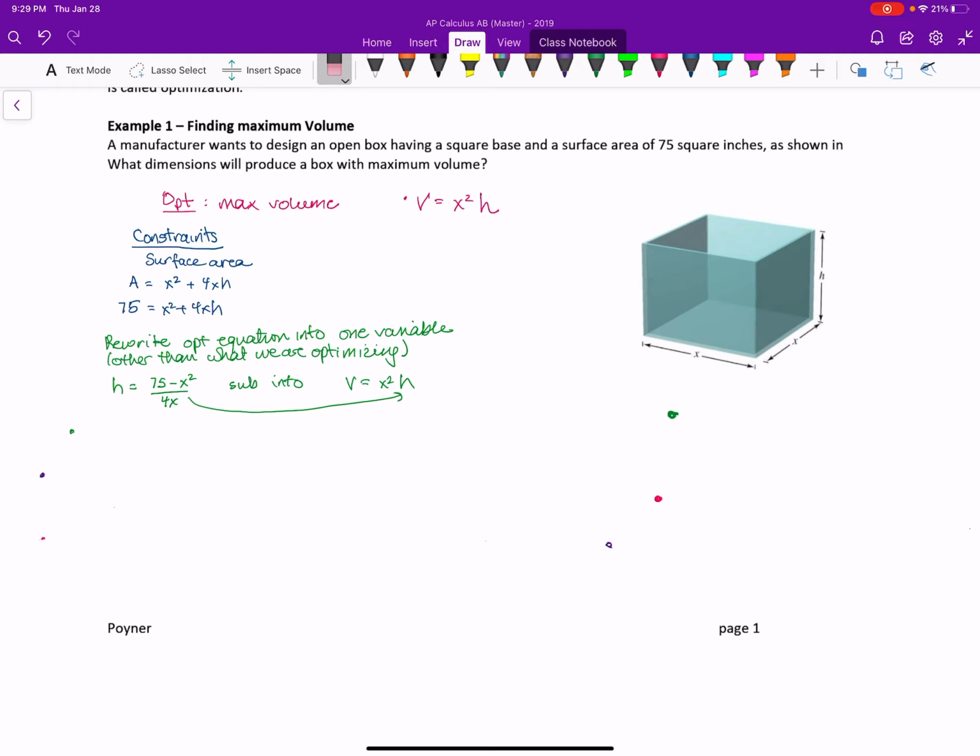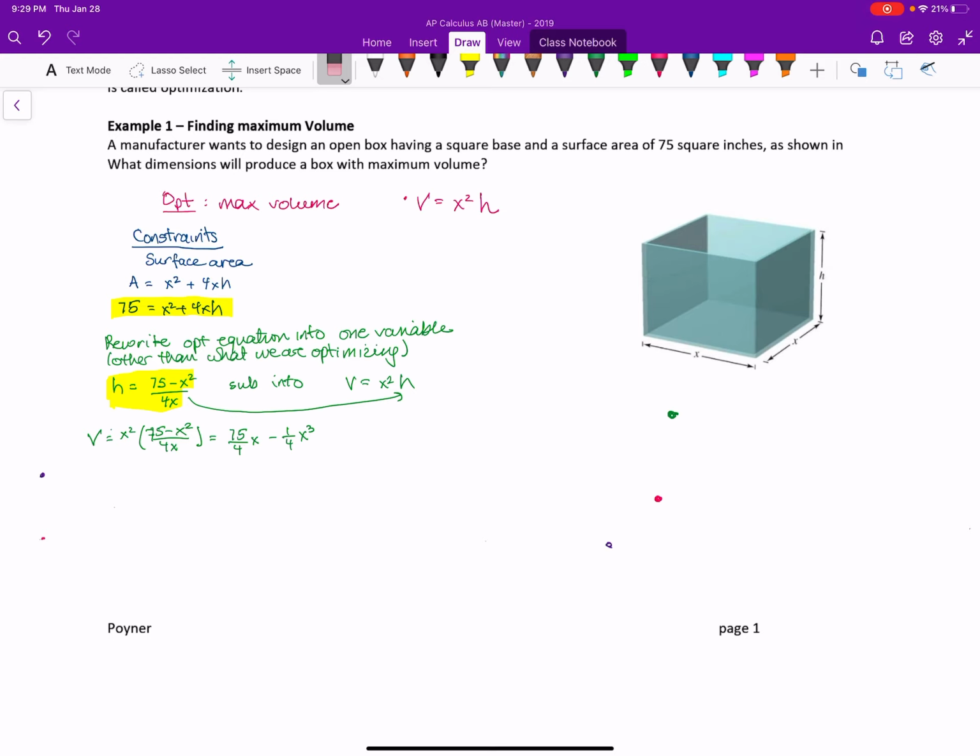In this case, it seems simplest just to solve for h. So I took this equation right here and solved for h by subtracting x squared from both sides and then dividing both sides by 4x. And then we are going to substitute that in for h in the volume formula. So I want to manipulate the volume formula because that is what I'm trying to optimize. Once I have done that, substituted that in and maybe simplified a little bit.